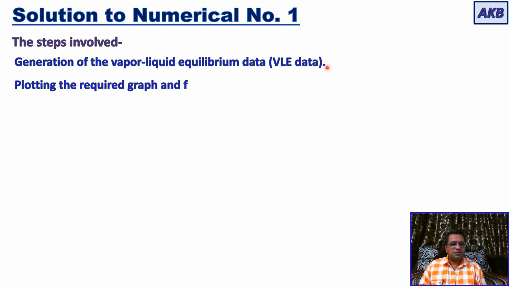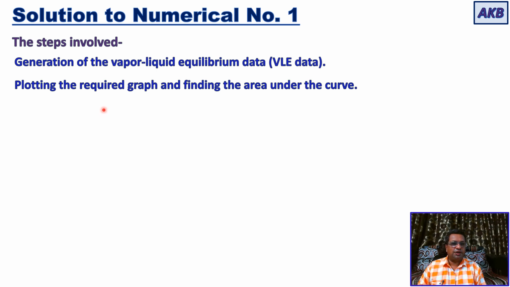In some cases, this data may be directly given to you, so you can skip this step. But here data is not given to us. Instead, they have given relative volatility, so we are going to use the relative volatility to get the VLE data. After we have generated the VLE data, we are going to plot it.